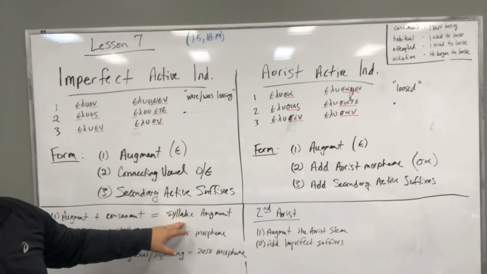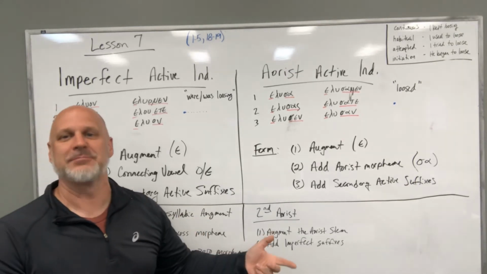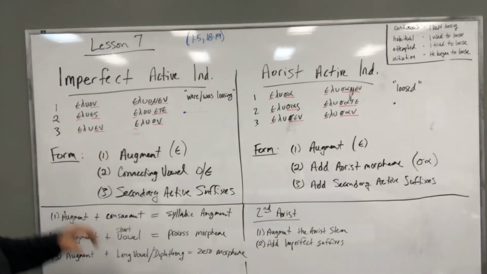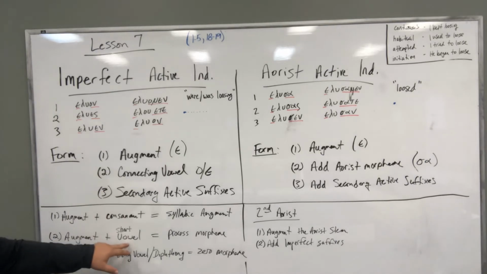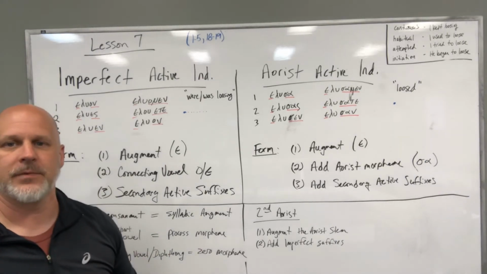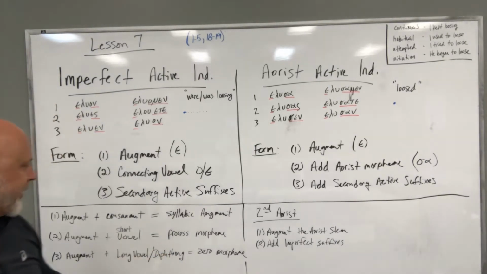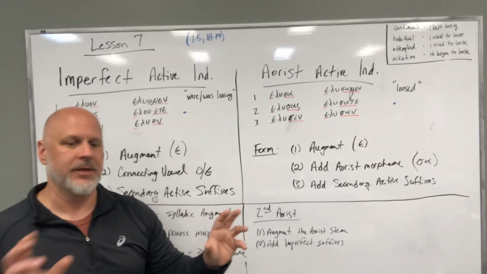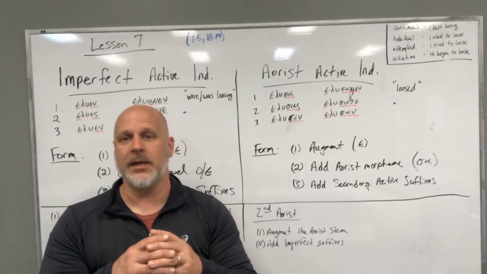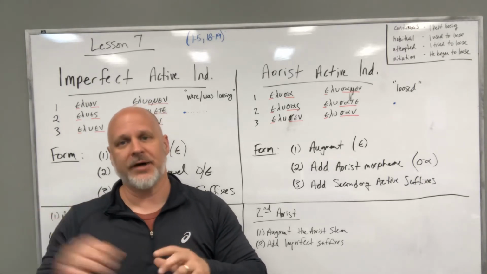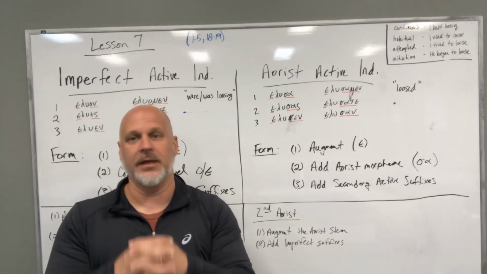And a syllabic augment means I'm adding a syllable to it. Sometimes we will add an augment to a word that has a short vowel, like an alpha. And what will happen is that alpha and that augment will morph into an eta. And so I lose the alpha, I lose the epsilon, and I have an eta.